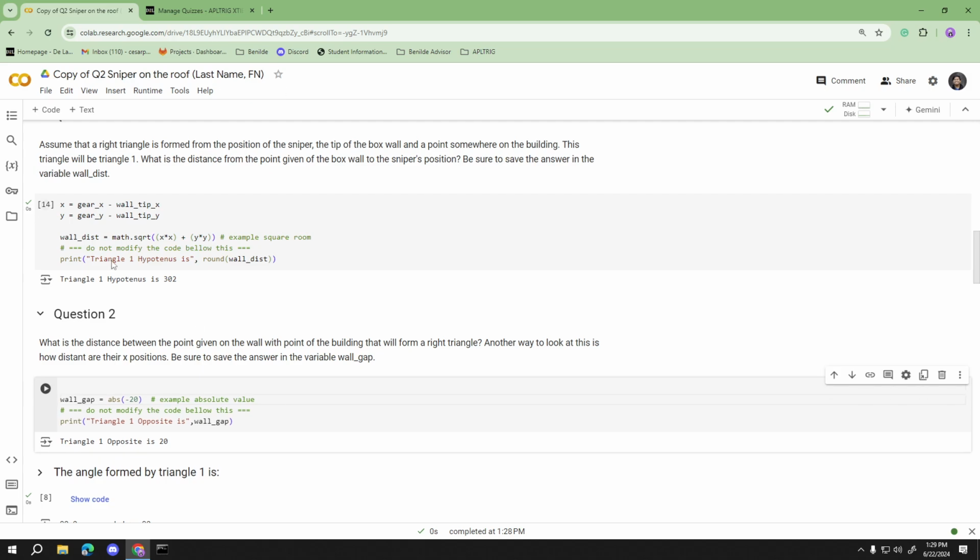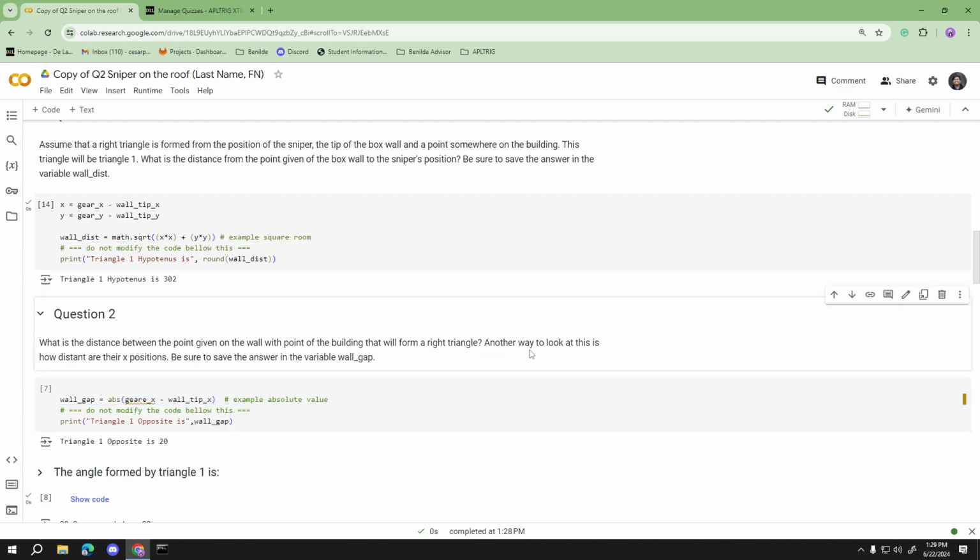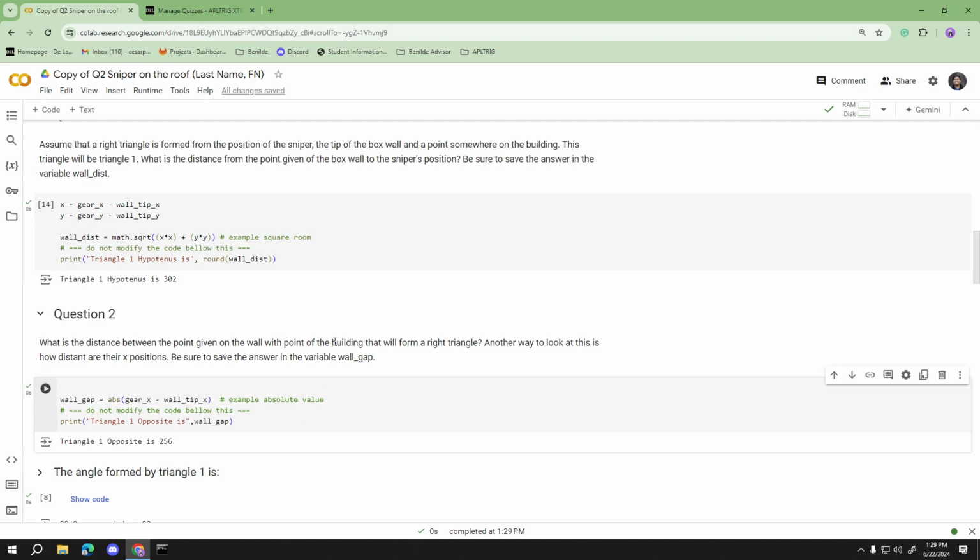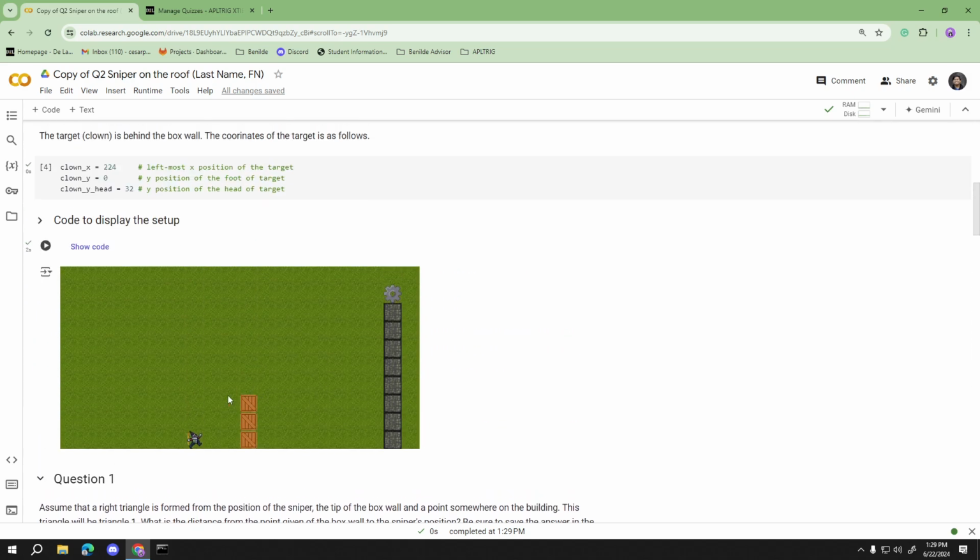Just like a while ago, we have gear X minus wall tip X. So yeah, gear X minus wall tip X gives 256.